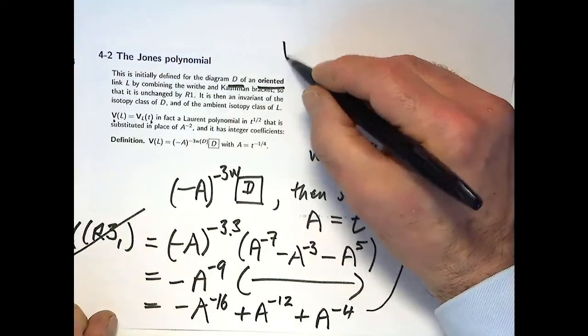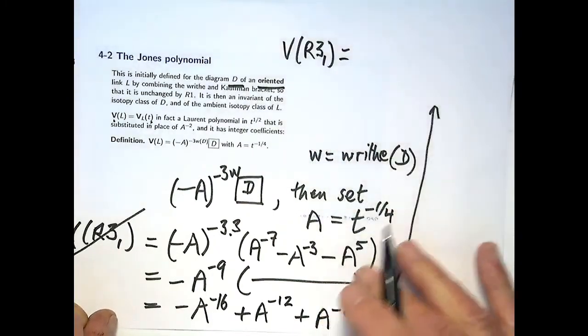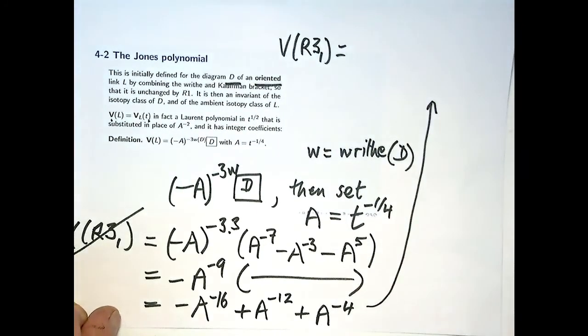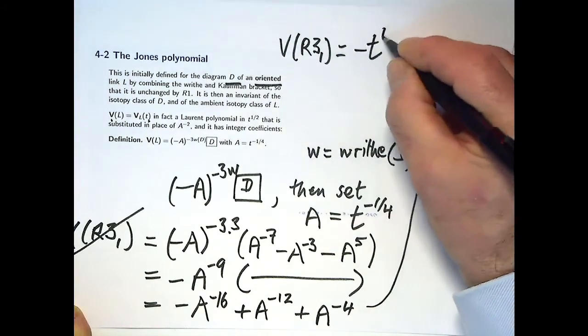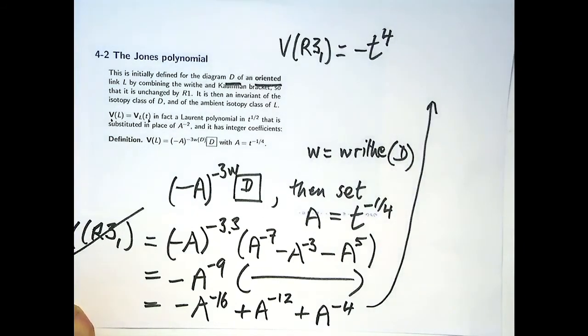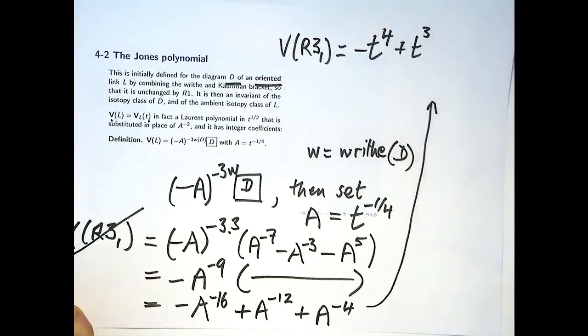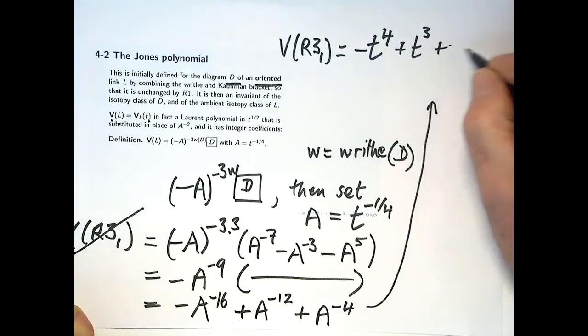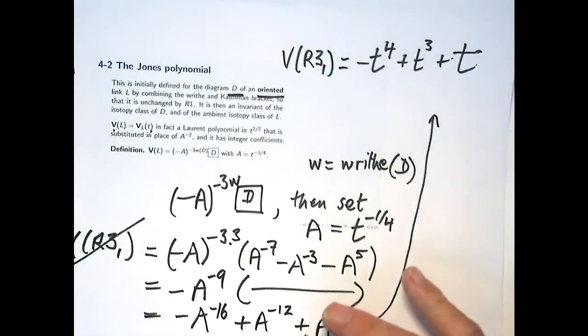So V of the right trefoil knot is therefore equal to: A to the 4th becomes t to the minus 1, so this becomes minus t to the 4th plus t cubed plus t. That is the Jones polynomial of the right trefoil knot.